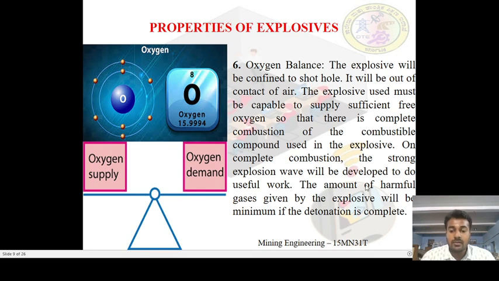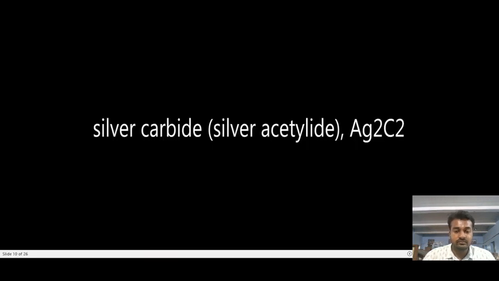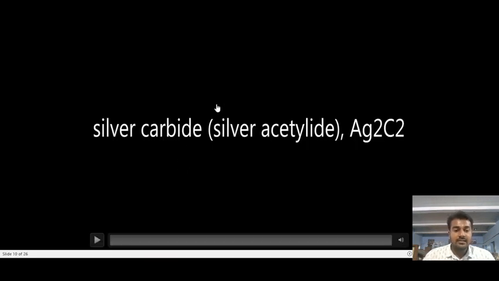The amount of harmful gases given off by the explosives will be reduced if the detonation is complete. If the detonation needs to be complete, it requires sufficient oxygen to be present. Now, let's see the properties of different explosive materials.